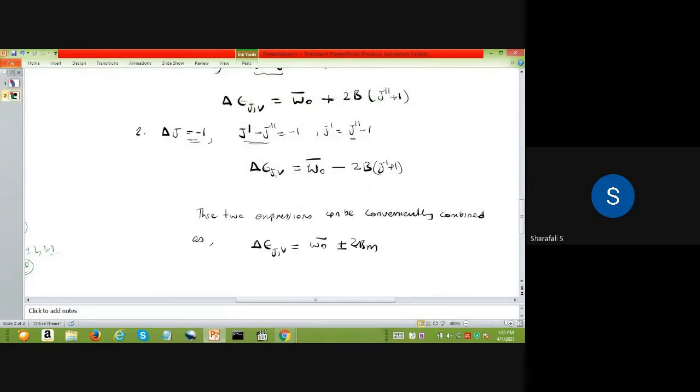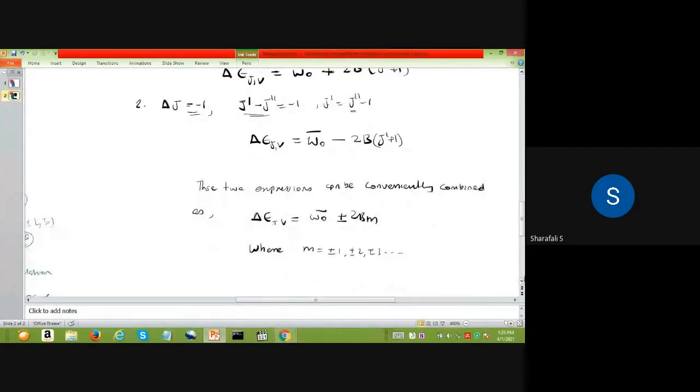So omega 0 bar plus or minus 2b times m, where m equal to plus or minus 1, plus or minus 2, plus or minus 3, and so on.